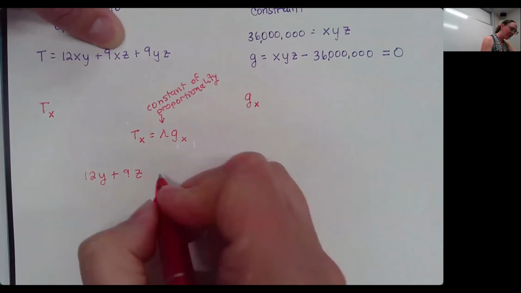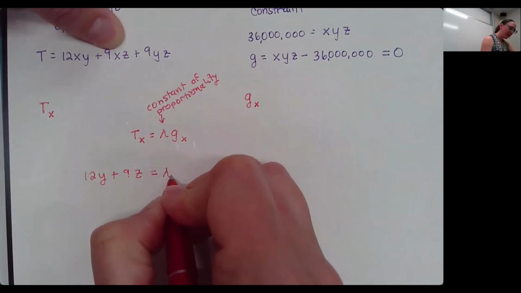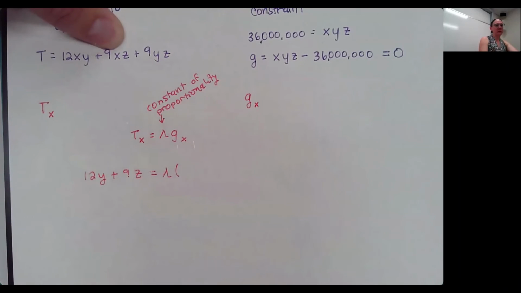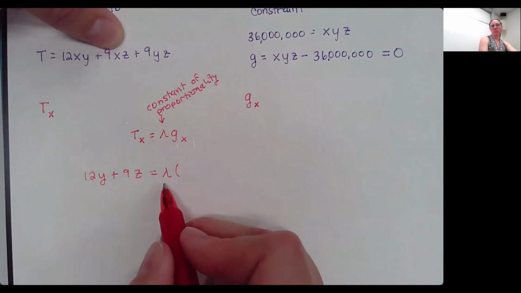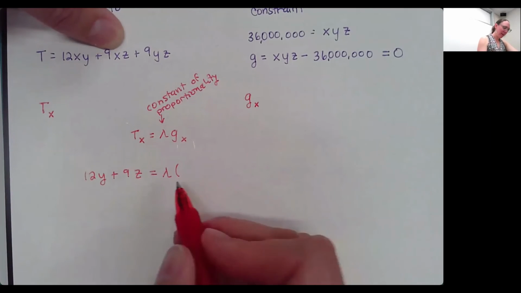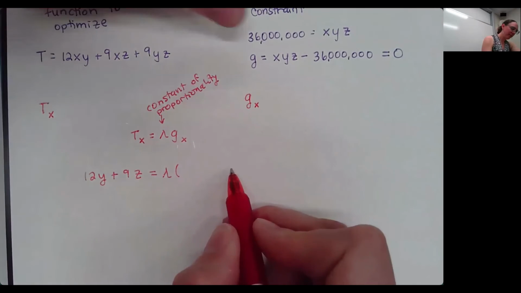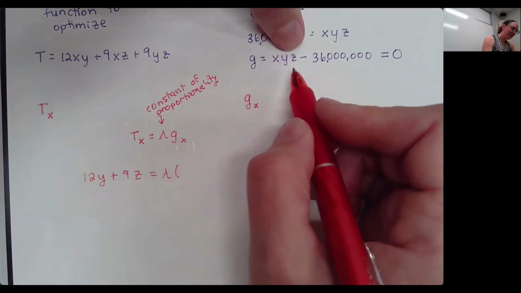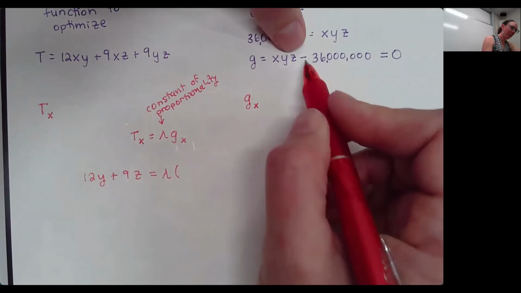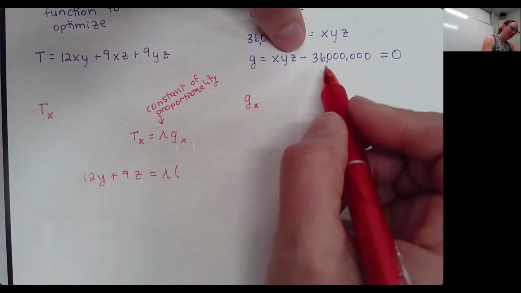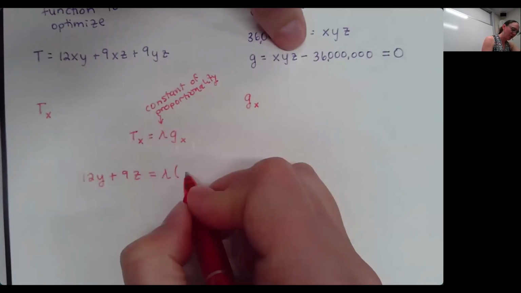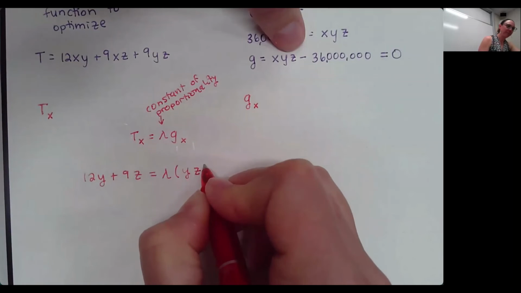And I need that to be equal to some constant, and we use lambda because it's Lagrange. Name starts with L, lambda, L, cool, okay. And when I take my partial of g with respect to x, I don't have to drag around this giant number anymore because my partial with respect to x is just yz.